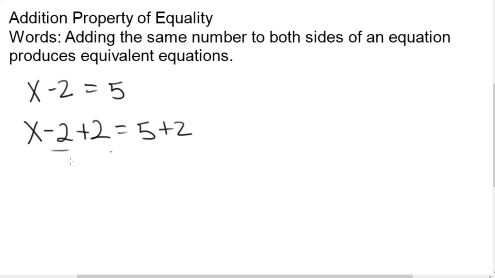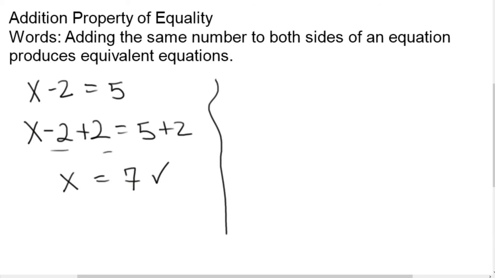When I add opposites, those numbers go away. Minus 2 plus 2 goes away, so I have x equals 5 plus 2, which is 7. And we can back check it, substitute x with 7, and we get 7 minus 2 equals 5.